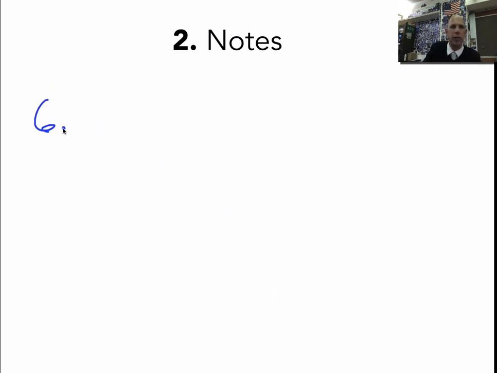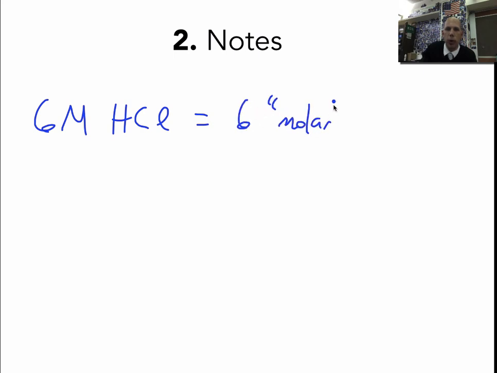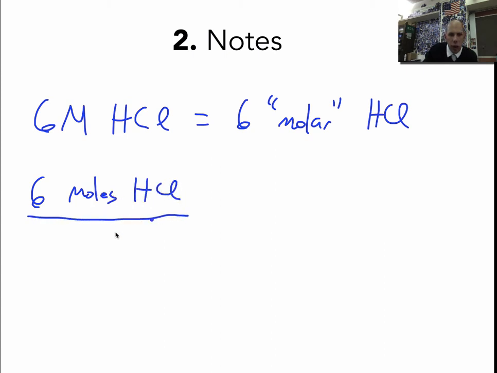So let's say we have a solution of HCl. So 6 M HCl, and you often hear students saying that, but I don't want you to say 6 M HCl. When you see that big M, that's the concentration. That means 6, and I want you to say 6 molar HCl. It has a molar concentration of 6. What does that mean? That means that there's 6 moles of HCl dissolved in every 1 liter of total solution.